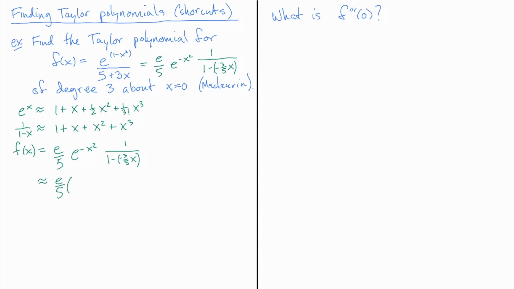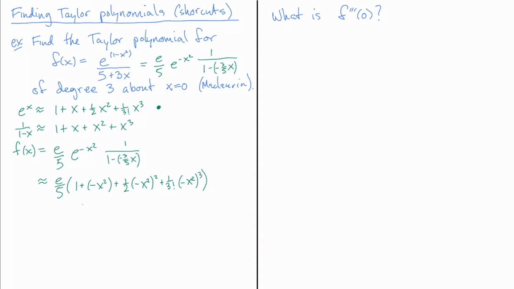And now e to the minus x squared, I'll use this Taylor polynomial to approximate that. So if I plug in minus x squared in place of x, I get 1 plus minus x squared plus 1/2 times minus x squared all squared plus 1 over 3 factorial times minus x squared cubed.